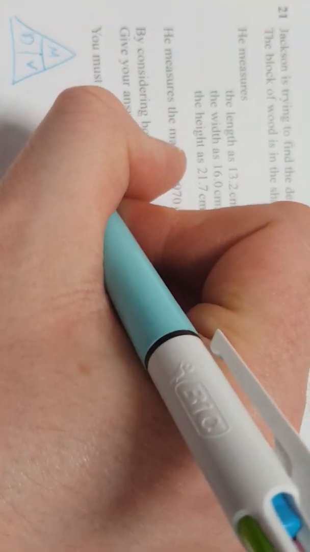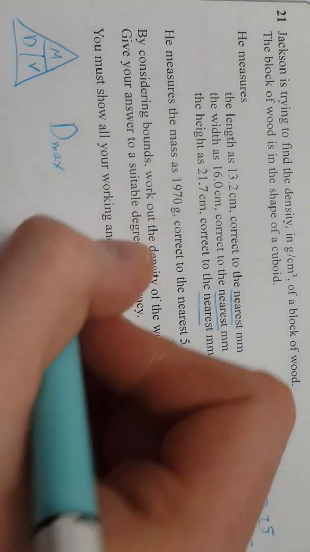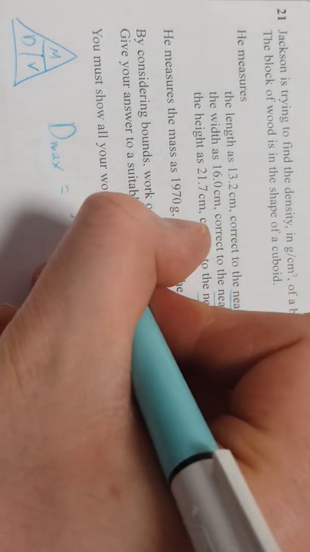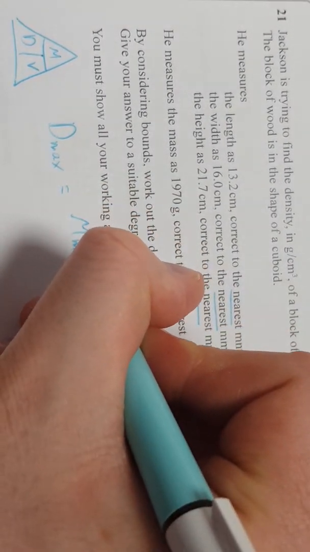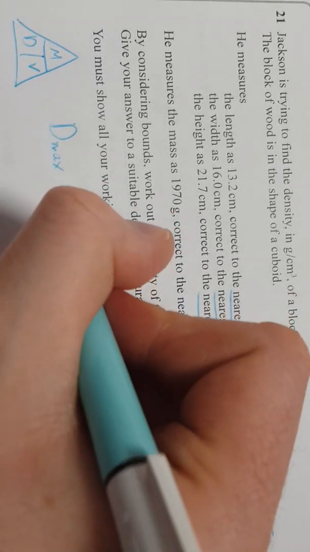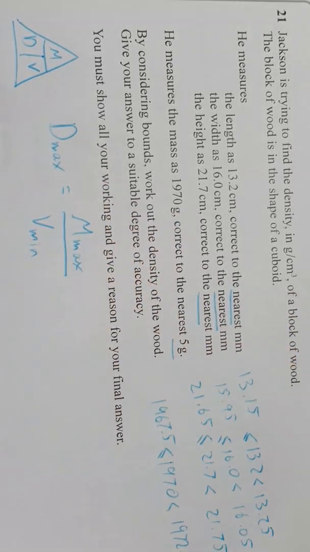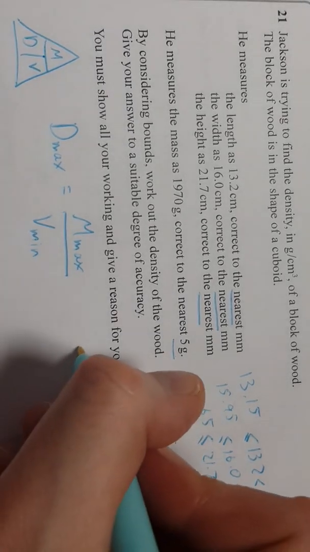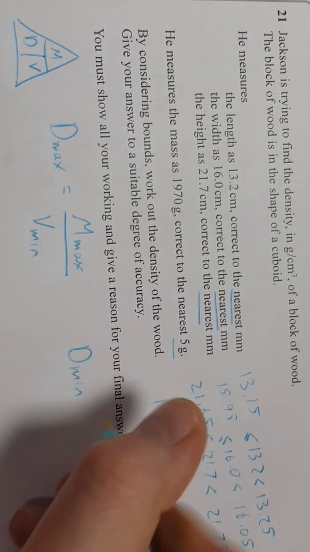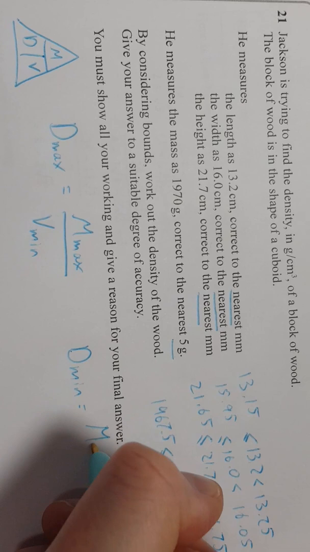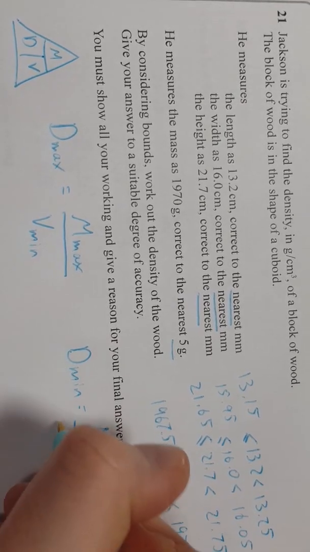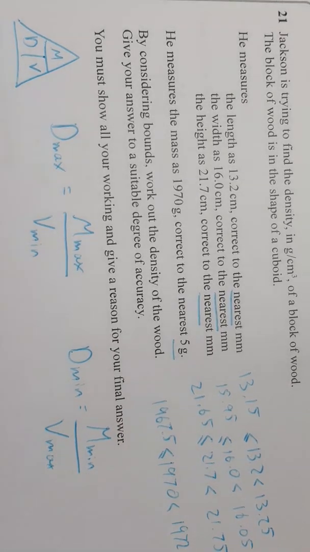We'll get the maximum density by getting the maximum mass, dividing that by the minimum volume. Also got to do the minimum density, which is the minimum mass divided by the maximum volume.